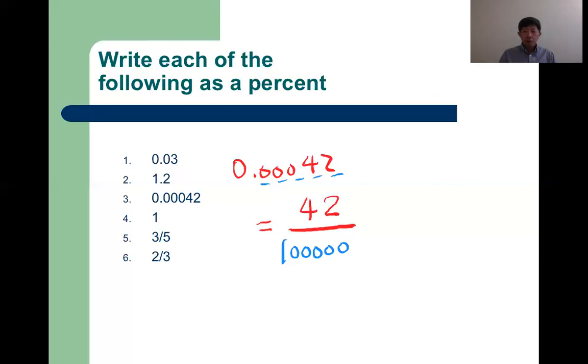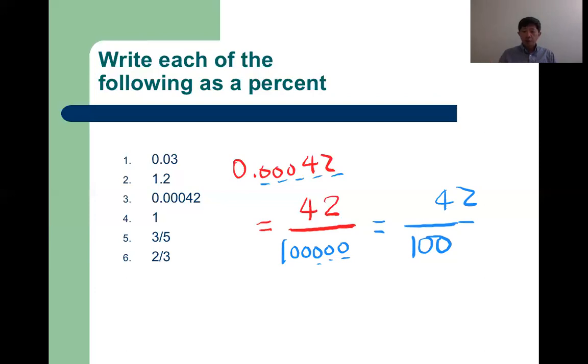And now we're going to change this into 100. That means we have to move the decimal point 1, 2, 3. So 42, and then divided by 1,000, right?